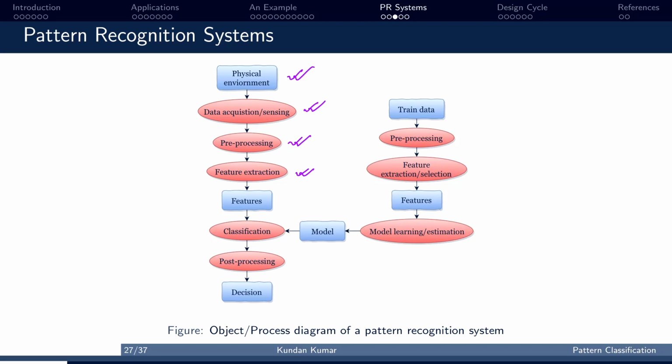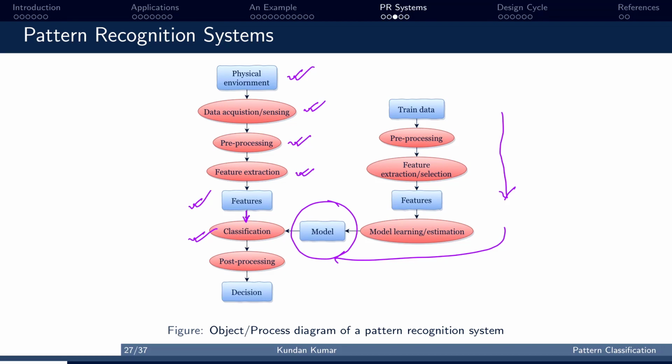That means the features which have distinguishable characteristics. So after feature extraction, we will have the features, and those features will be used for the classification. Before classification we should have a model, so that we can make our decision.